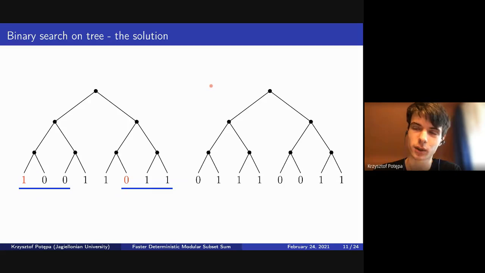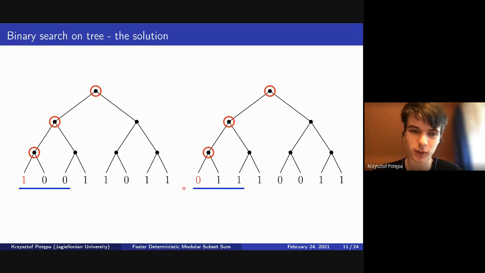We're going to transform the second tree during the algorithm, so that there is a point in time where we're going to see every cyclic shift of the characteristic vector in this second tree.